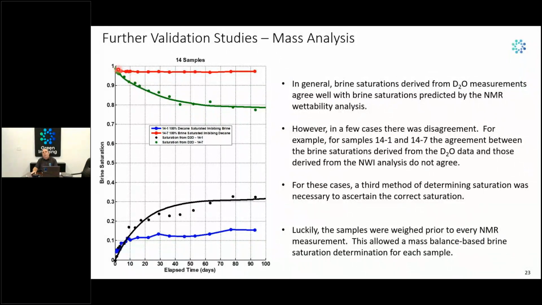So we wanted just an extra set of verification to make sure that the D2O data was the true saturation. And luckily we had recorded mass. So the purple and the brown here are a mass analysis.